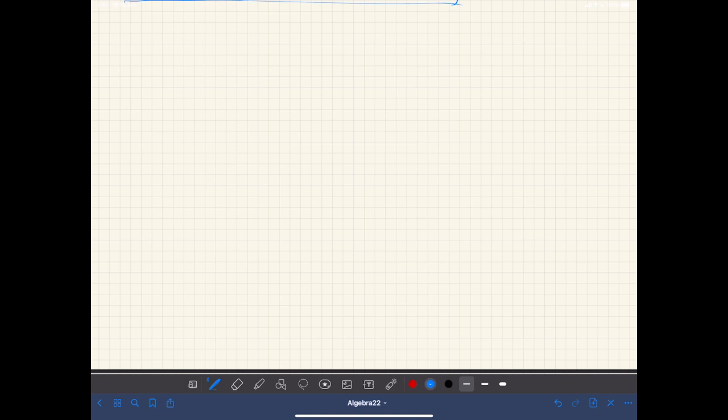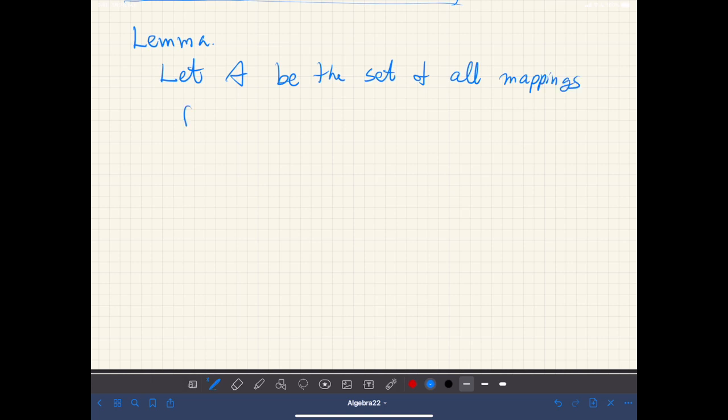As a concrete example of an uncountable set, consider the following lemma. Let A be the set of all mappings from natural numbers to {0, 1}.